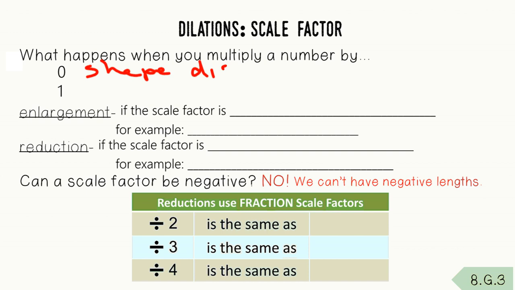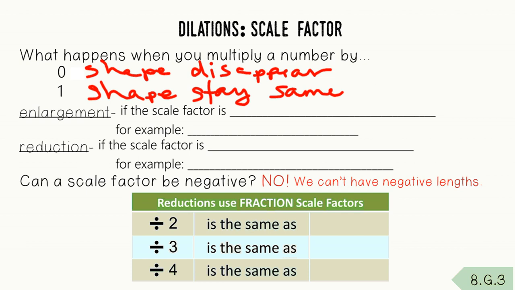So we won't use a scale factor of 0, because that would make our shape disappear. What happens if you multiply a number by 1? So again, for example, 5 multiplied by 1 is 5. So if I started with a 5 and I ended with a 5, my shape hasn't changed size. So if our scale factor was 1, the shape would stay the same size.